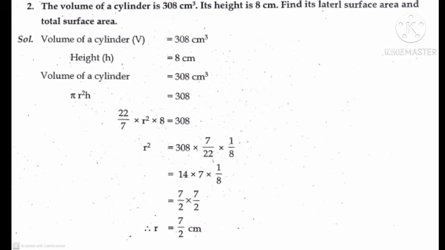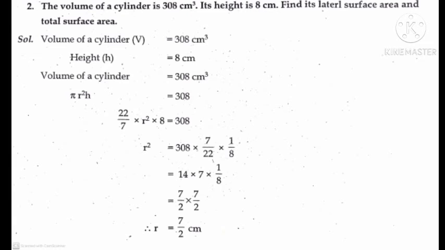Solution. Volume of cylinder is equal to 308 centimeter cube and height h is equal to 8 centimeter. Volume of a cylinder is equal to pi r square h, that is equal to 308. Next step, pi means 22 by 7 into r square into h means 8, that is equal to 308.